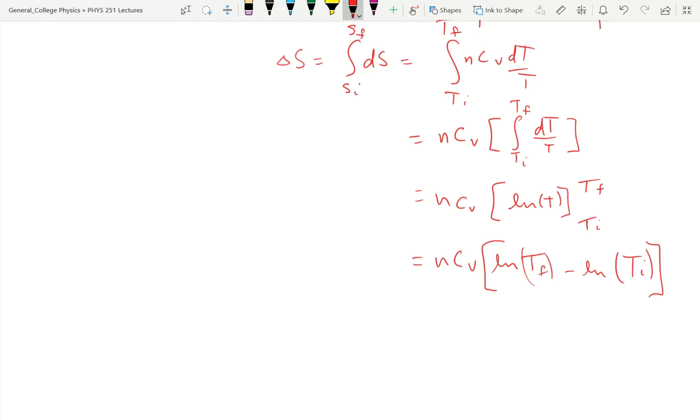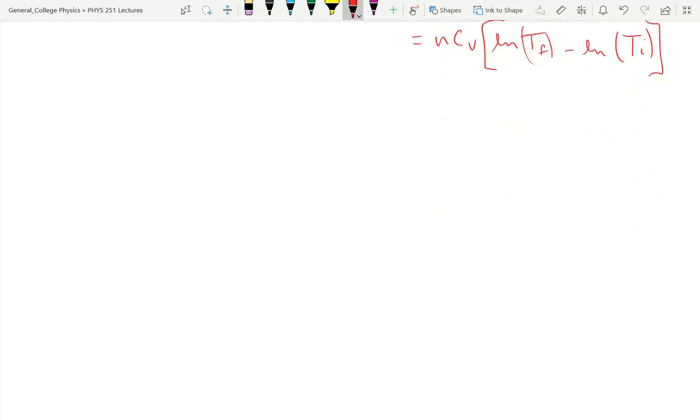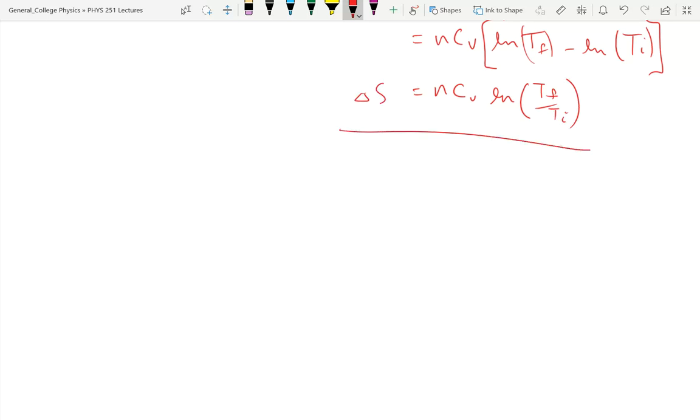Because using the rules of natural logs, natural log of A minus natural log of B is the same as natural log of A divided by B. So this is equal to nC_V natural log of T final over T initial. Now notice the units of the natural log, it's unitless. That's legal now. So that's how we find the change in entropy.